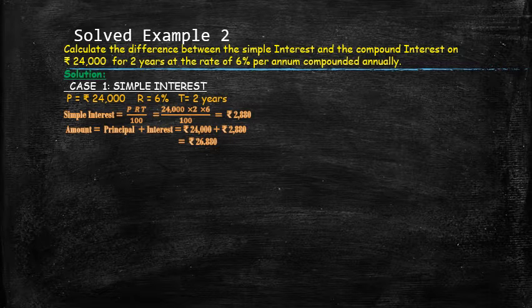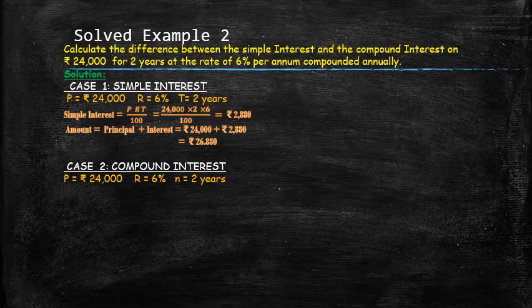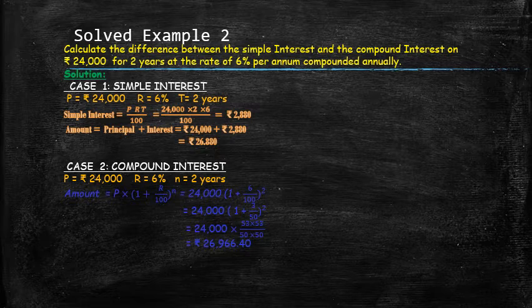Now let's take the second case where we have to calculate the compound interest. While calculating compound interest also, the principal is rupees 24,000, the rate is 6%, and the time period is 2 years. First we calculate the amount. Amount is equal to P into 1 plus R by 100, the whole raised to n, which is equal to 24,000 into 1 plus 6 by 100, the whole square.